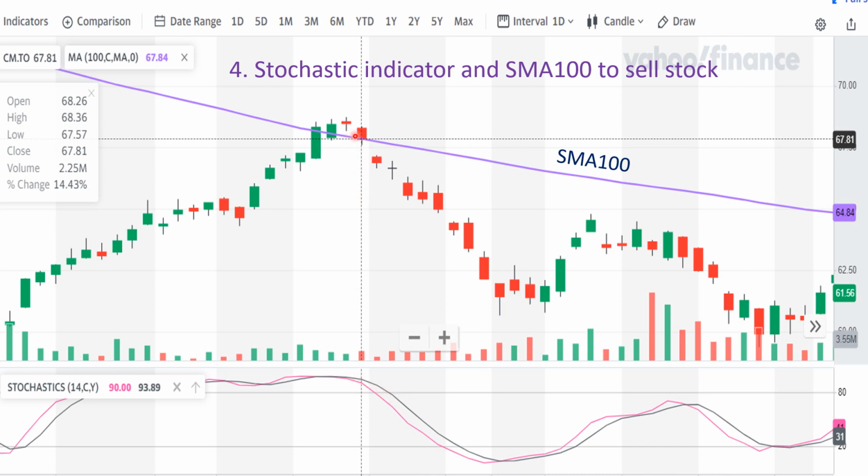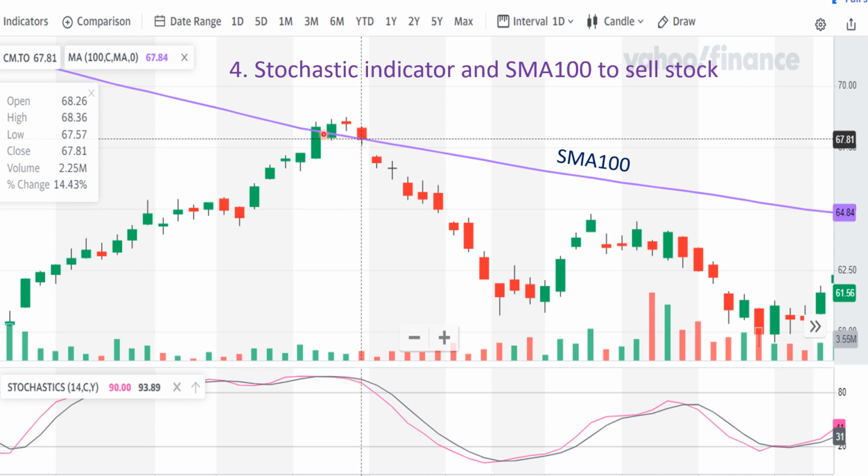And you see the trend is going down as well. You see the stochastic indicator going down. So that is a good time to exit the trade.